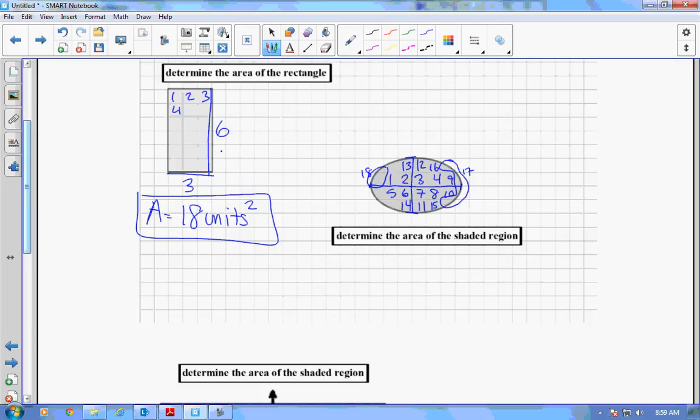What do we think? About how many? So we could argue approximately 20 units squared, or maybe approximately 21 units squared. Yeah? But it has to be approximate, right? It's not exact. So make sure you use a squiggly equal sign.